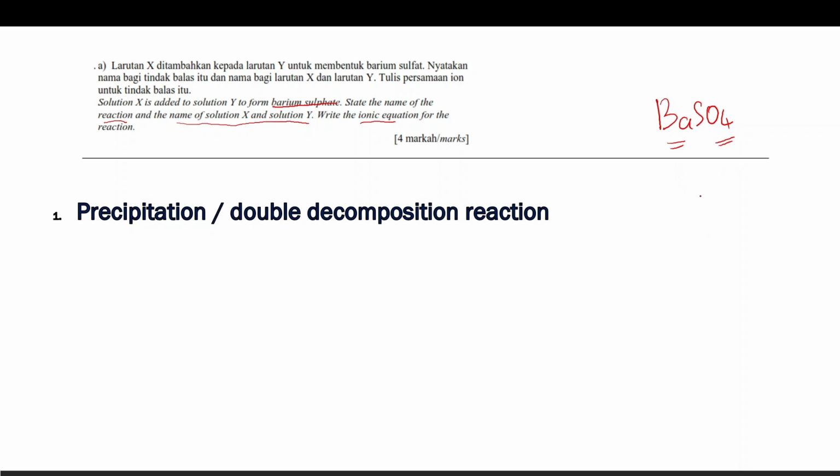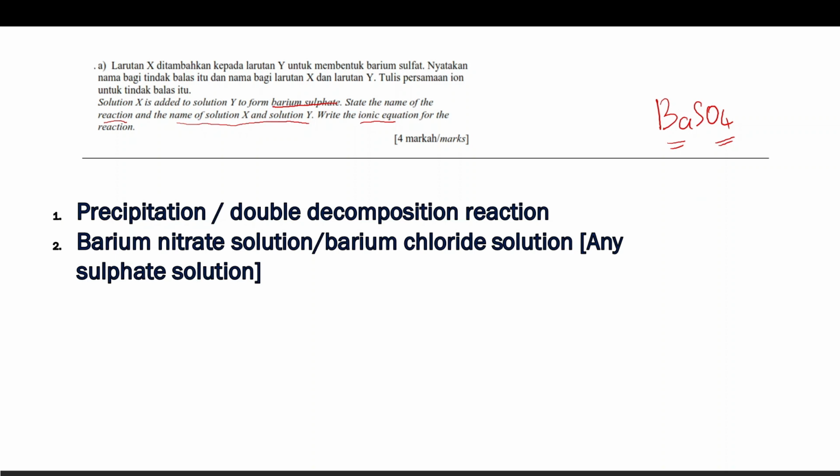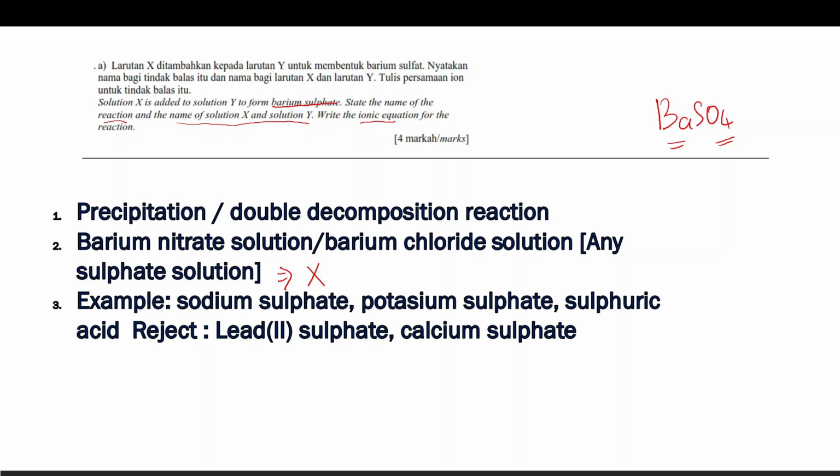For solution X, you can choose barium nitrate solution or barium chloride solution. For Y, any soluble sulfate solution, for example sodium sulfate, potassium sulfate, or sulfuric acid can also be accepted.